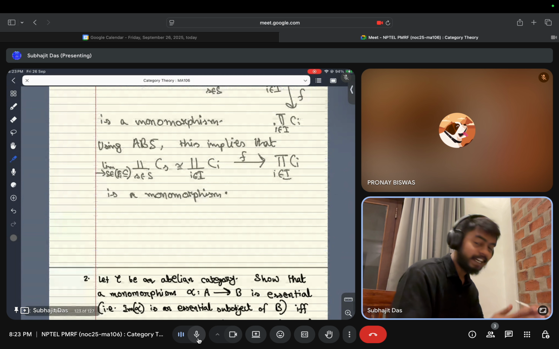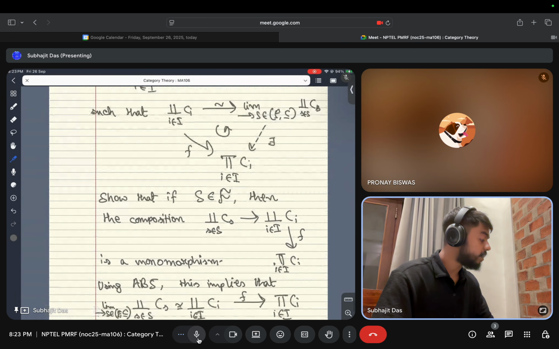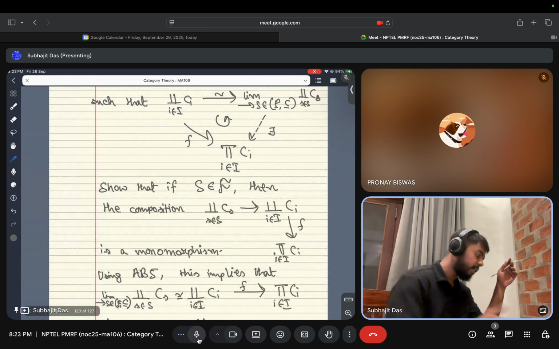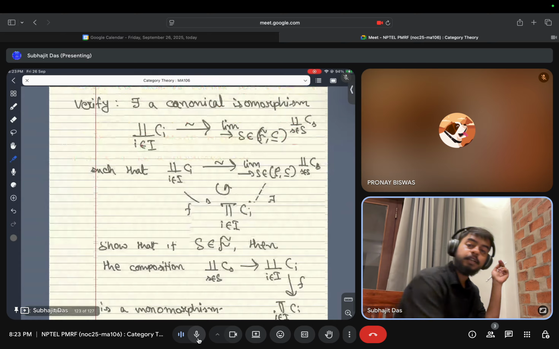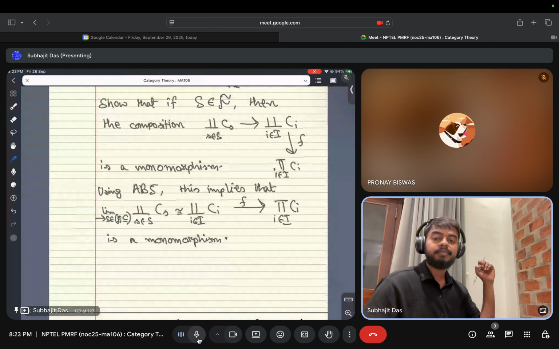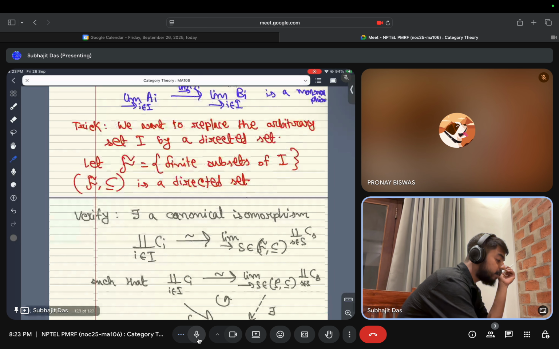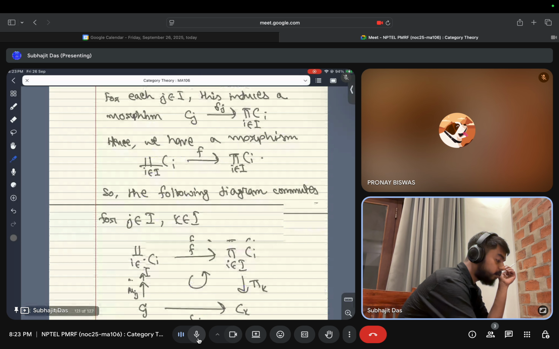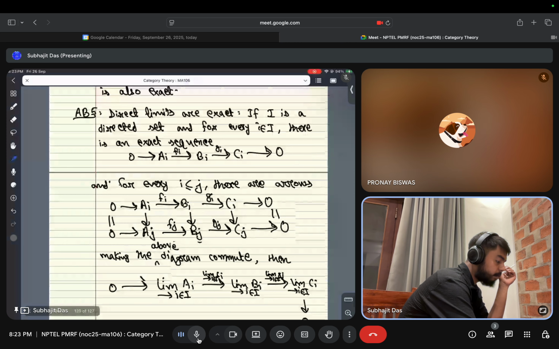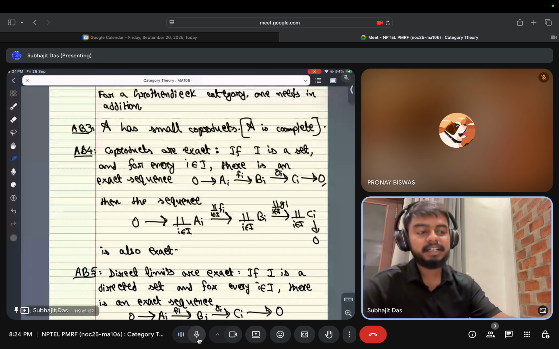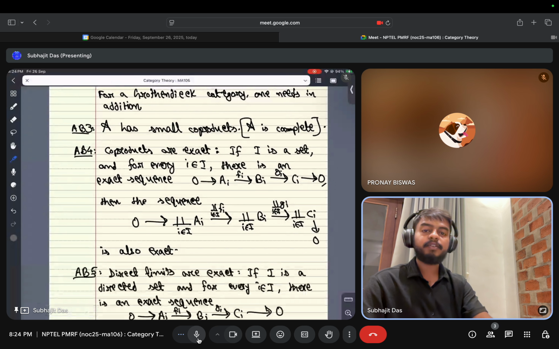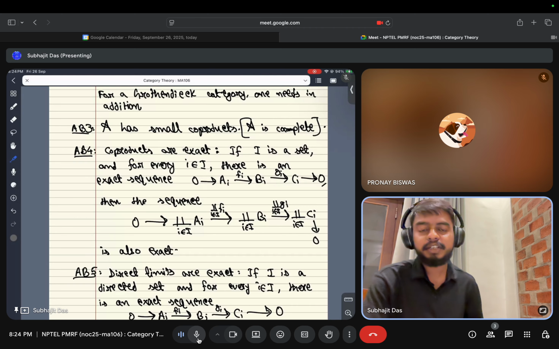The final thing I wanted to say is why is this trick so relevant in particular? Since we now know that coproducts can be written in terms of direct limits, can you conclude what this means as far as the axioms AB3, AB4 and AB5 are concerned? For a Grothendieck category, we have just assumed AB3, AB5 and a generator.